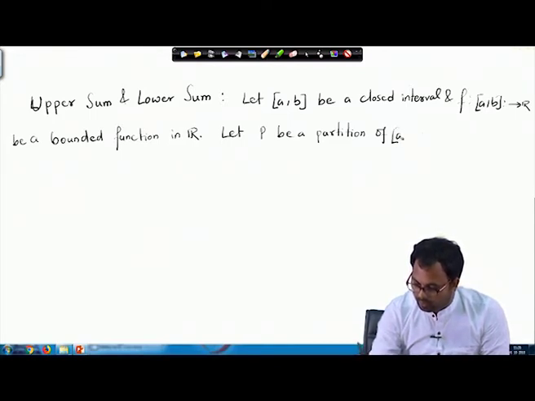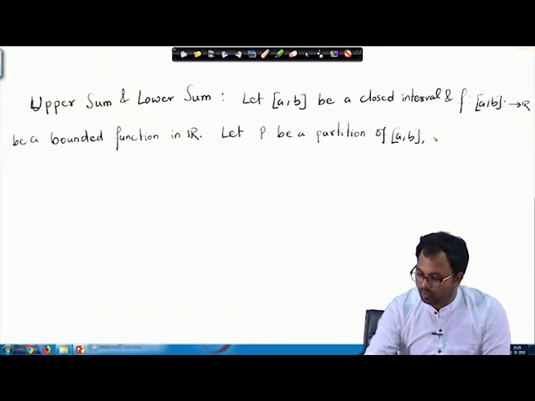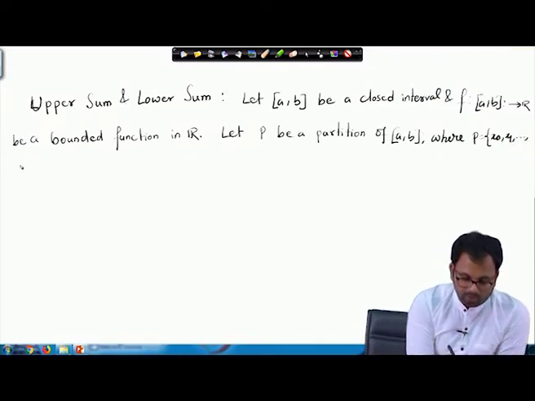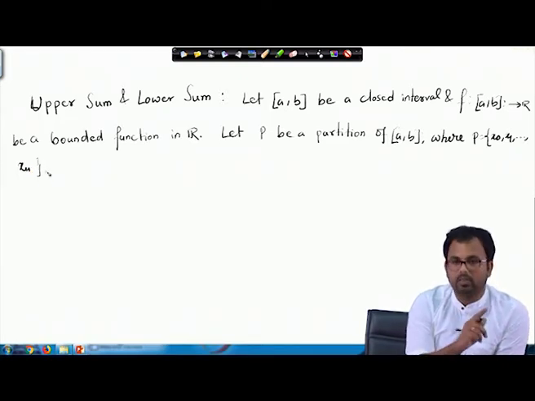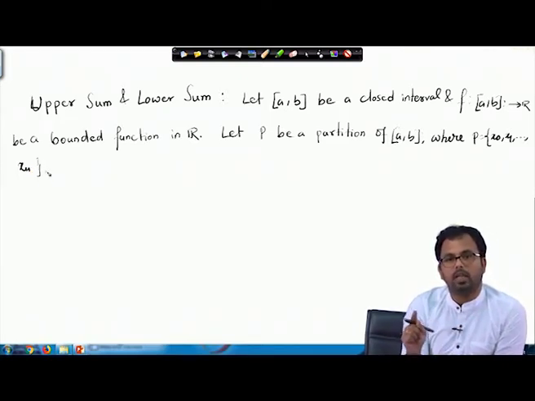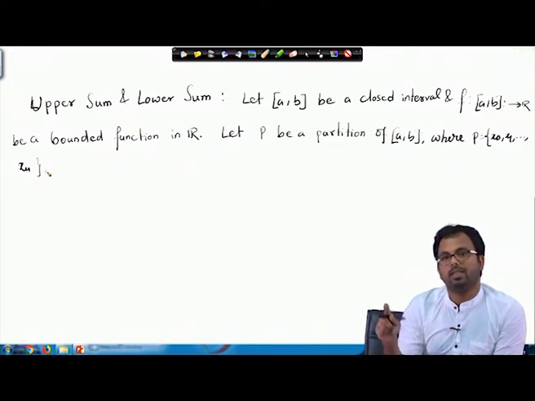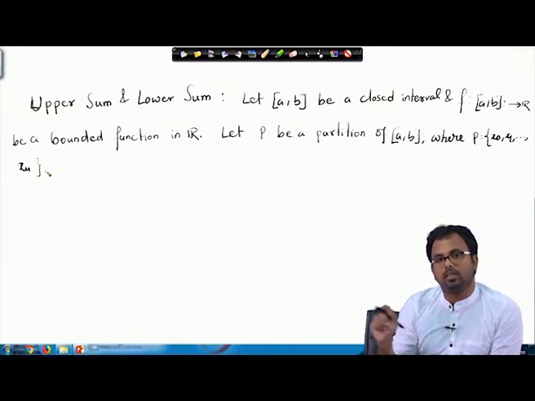So it's the partition of the closed interval [a, b], where our partition P has the points x0, x1, and so on up to xn. And again, it follows that a equals x0 less than x1 less than x2 up to xn minus 1 less than xn equals b.